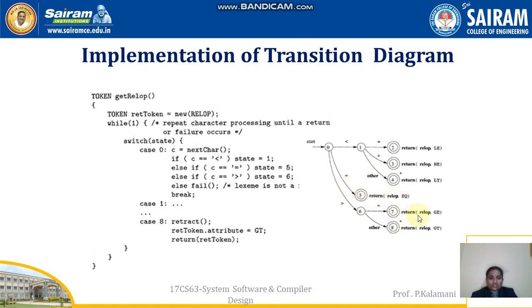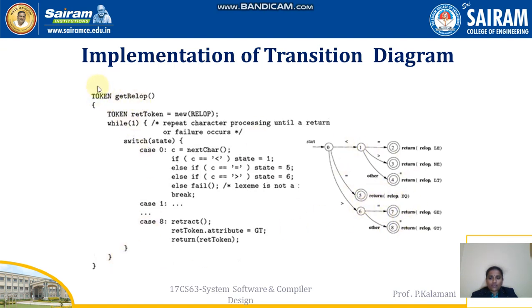If 7, return the token relational operator greater than or equal to. But if it is state 4, it has to retract and then return token dot attribute equal to less than. The same thing for case 8: it will retract, then return token dot attribute equal to greater than. Like this it is going to work out.